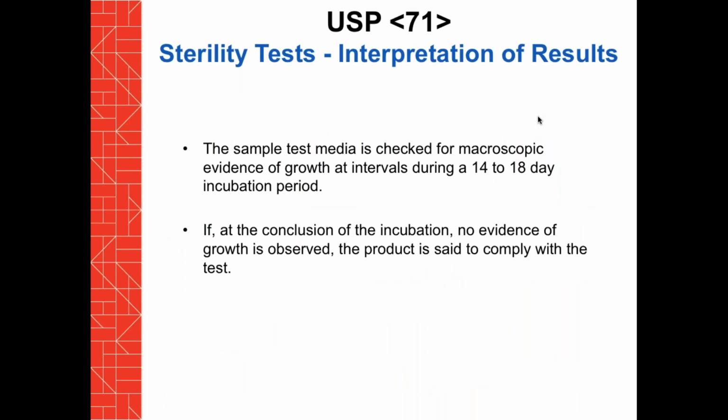For the sterility test, let's look at the interpretation of a sterility test of USP 71. The sample test media is checked for macroscopic evidence of growth at different intervals during the 14 to 18-day incubation period. If at the conclusion of the incubation no evidence of growth is observed, the product is said to comply with the test.